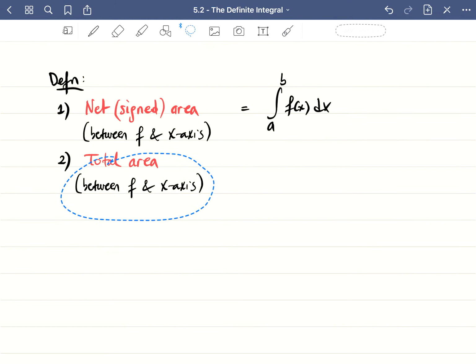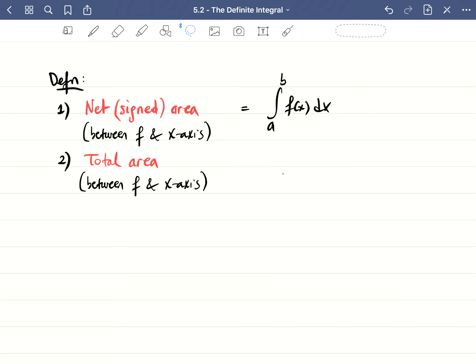So this is almost the same thing, but you have to add something to that. We have to take the absolute value of the function f.